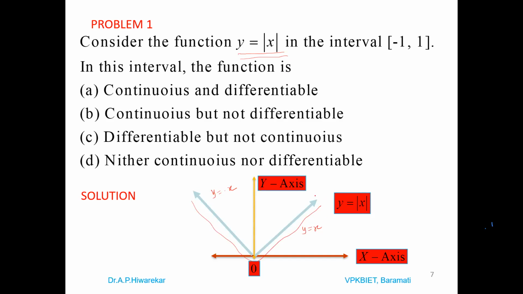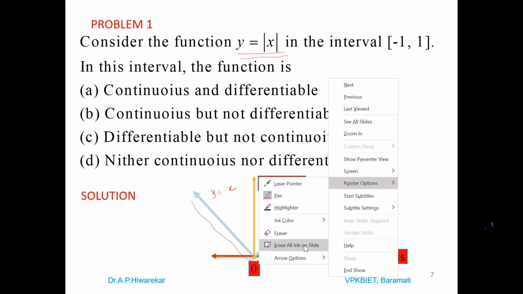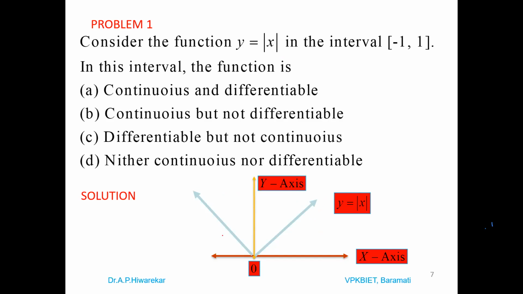Now if you look at this graph, you will find that there is a corner point at x equal to 0. And whenever there is a corner point, the function is not differentiable at that point. This is a standard known result. It is continuous, as you can easily see that there is no break in the graph of the function.